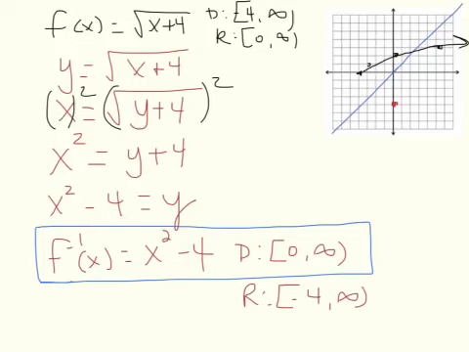But this time I'm only going to draw from 0 to infinity. So the parabola is this entire thing, but I only want it to exist from 0 to infinity. So it's just the right side of the parabola. So now you can see that the original has an inverse that's a quadratic, but only half of it. So this is the correct way that we want you to solve for an inverse.